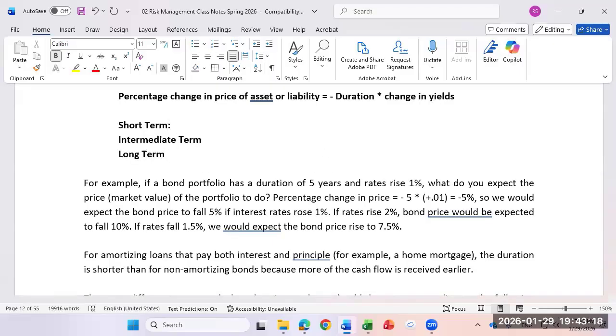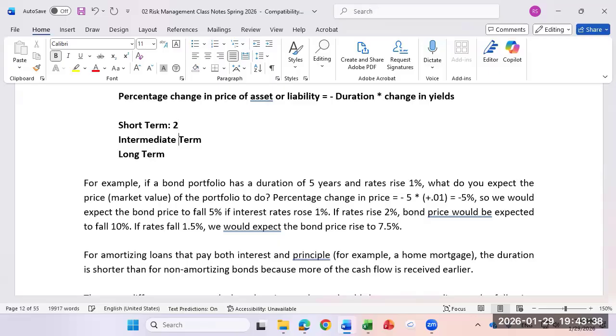A short-term bond fund might have a duration of about 2 years. So if interest rates rise 100 basis points, that portfolio could lose about 2%, not very much. And that's just the price. So if the yield is 4%, you'll make 4% in yield, but you'll lose 2% in price. So you only make about 2%.